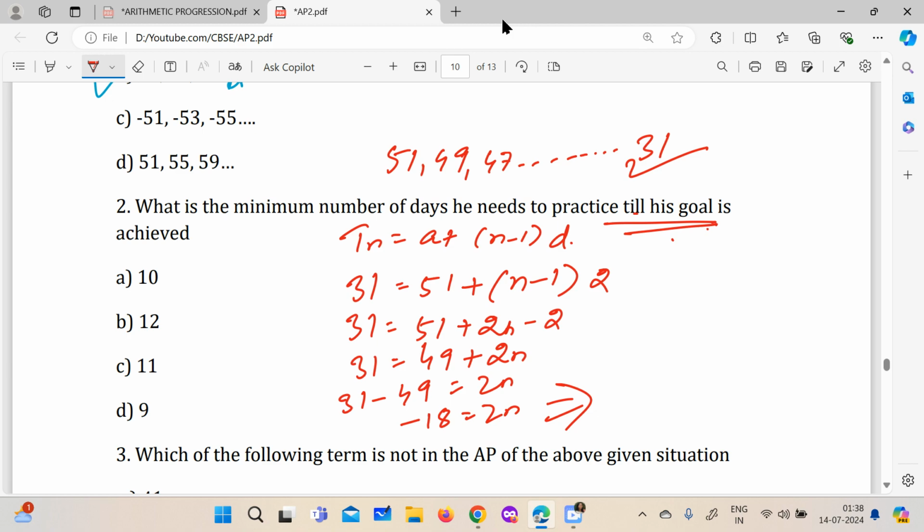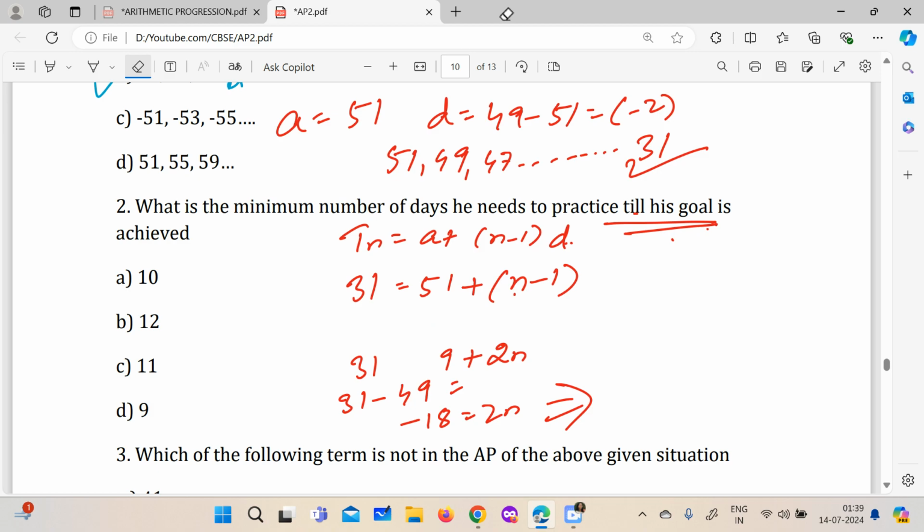So here you have d, 2n minus 2. A is 51, correct? No, see, this is why you should write all the values. So A will be 51, and I didn't write that d. D is 49 minus 51, which is minus 2. So we have to write the value of d as minus 2.